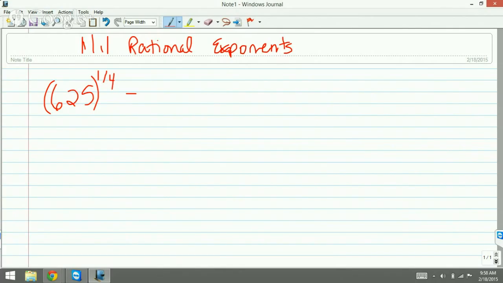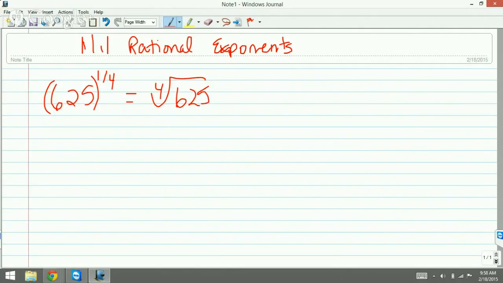Okay. So can I rewrite that as a radical? Yes. What is it? Do you know how to type that in a calculator? 625. Okay, so that's one option.